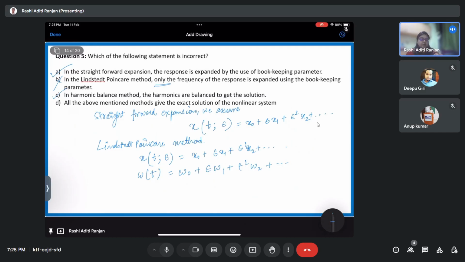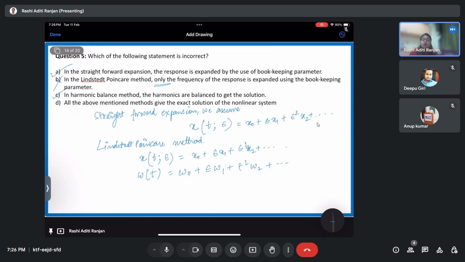In those methods, you have assumed that the solution can be written in terms of an expanded series by using a bookkeeping parameter. Or you can maybe assume that my system is in perturbed form, right? We assume that corresponding to the equilibrium state, my system is perturbed by a very small amount.